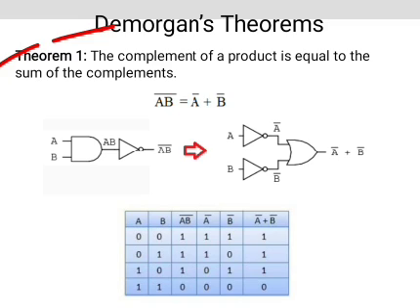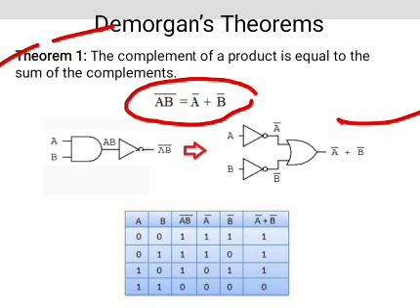In the equation form, (A·B)' equals A' plus B'. This is illustrated by the gate equivalency and the truth table as shown in this slide.